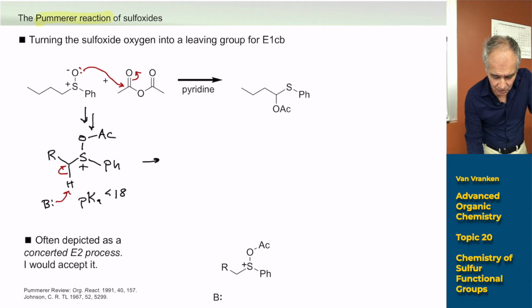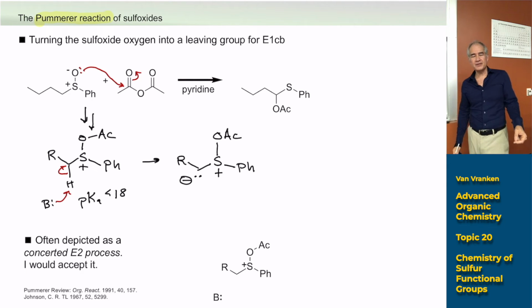So we're better off drawing this out as this ylide intermediate that looks like this, with carbon minus, kind of like we do for a Wittig reagent. Let me circle that minus so it's clear that it's a charge. Plus charge on sulfur, and we've got this acetate group here.